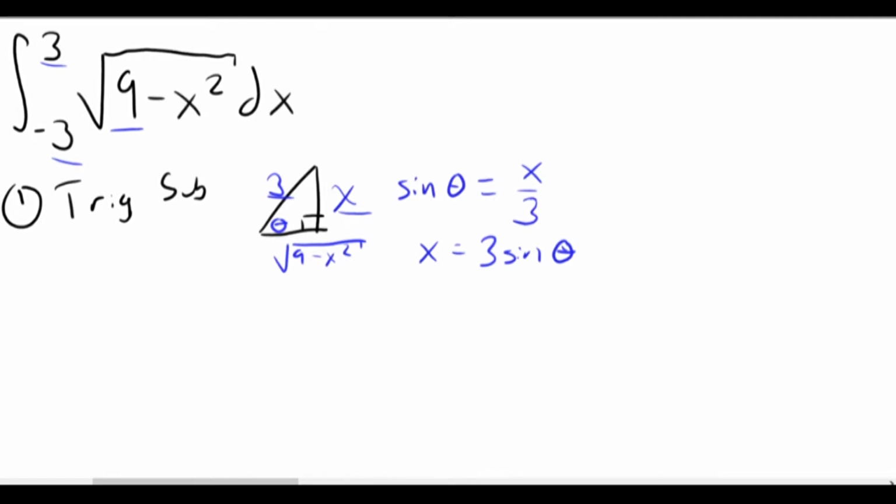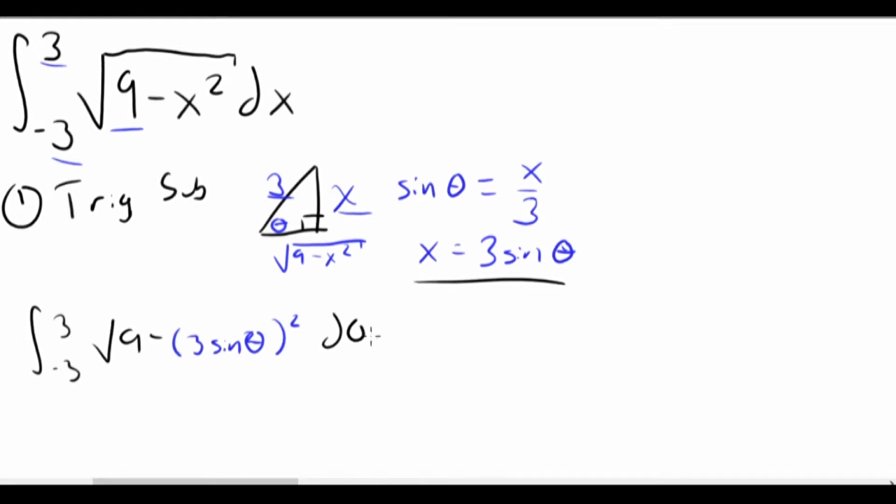We can then go back to the original expression and substitute in 3 sine theta for x. So we have the integral from minus 3 to 3 of the square root of 9 minus 3 sine of theta squared. And again, it's a square root.